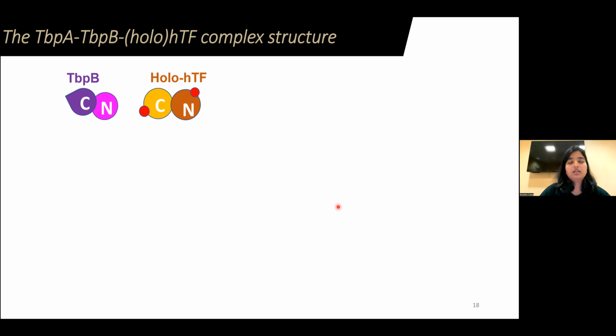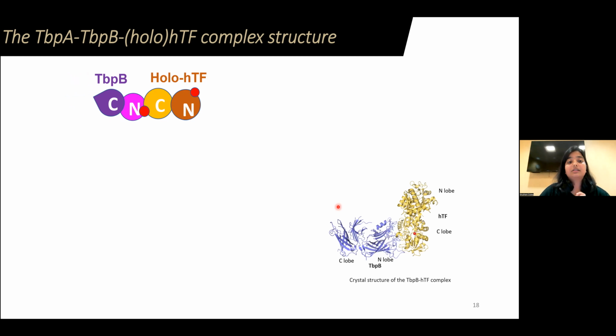And if we read the literature on TbpB, what it does is that the TbpB N lobe goes and binds to the C lobe of transferrin and keeps it in a closed conformation so that iron doesn't escape. And this helps the system to acquire the iron more efficiently. And this was the story of this crystal structure reported here that I showed you earlier as well.